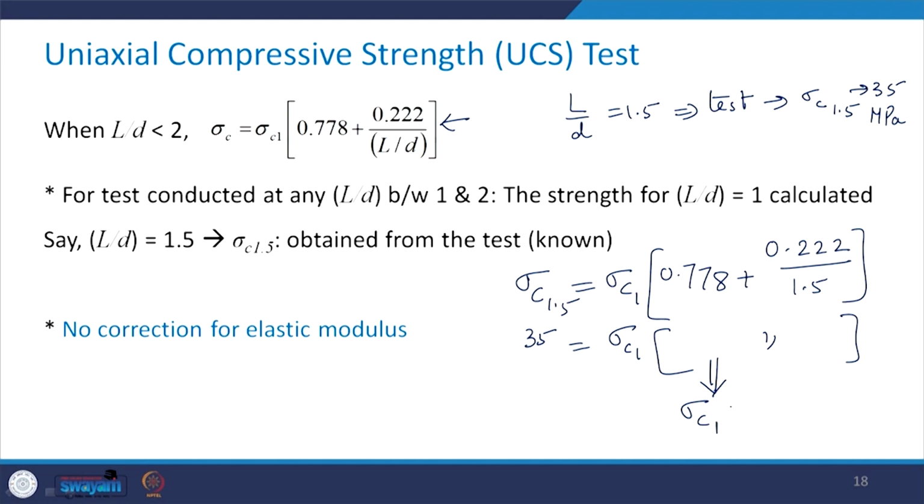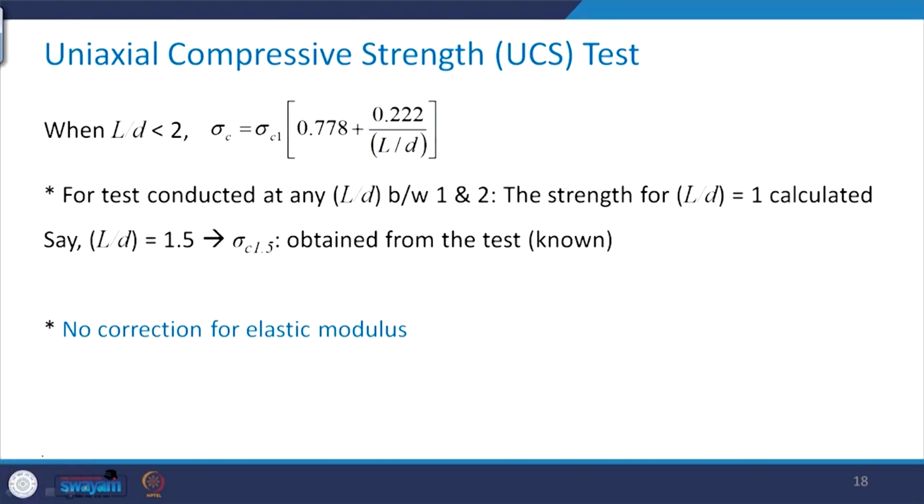Now, what should be the next step? Because we need it for sigma C at 2. So you can carry out this calculation and find sigma C1. Say this works out to be 22 MPa, for example. Now how to obtain the final value of the UCS? Let us come over again. We have this sigma C1 as 22 MPa.